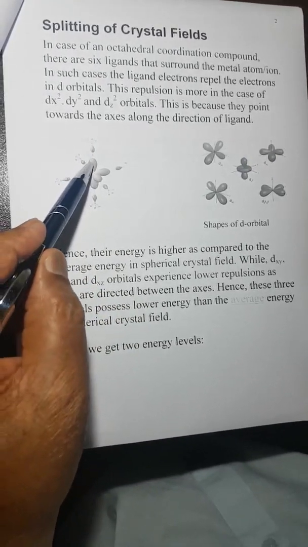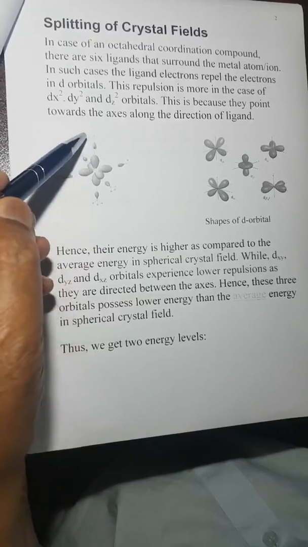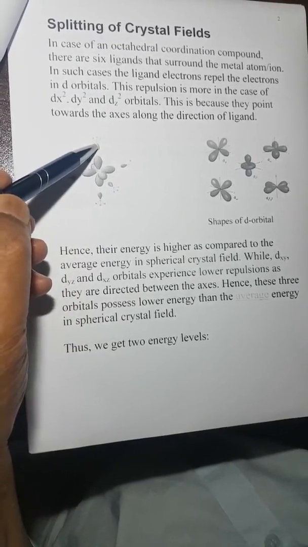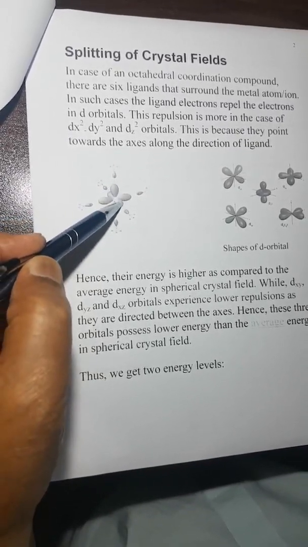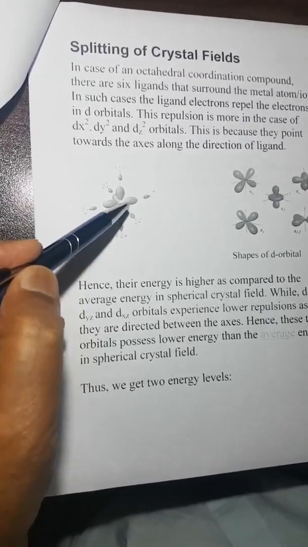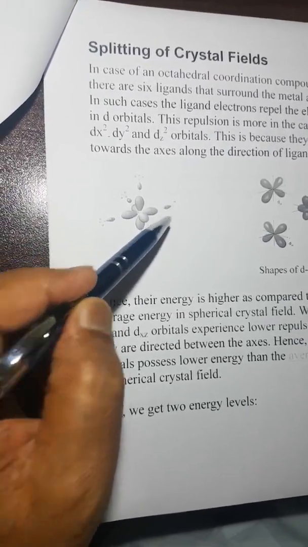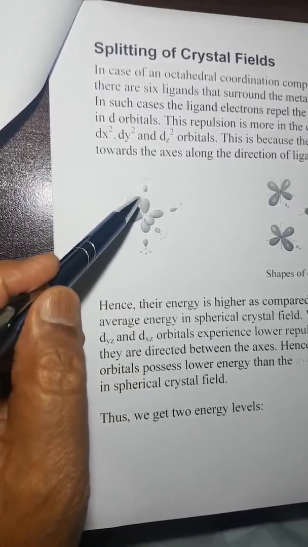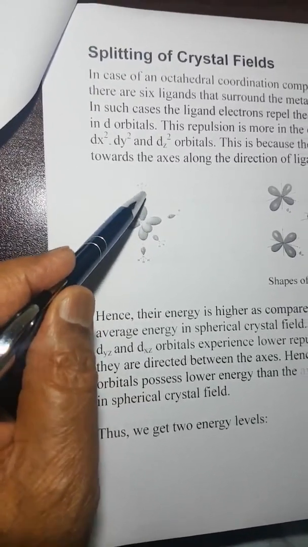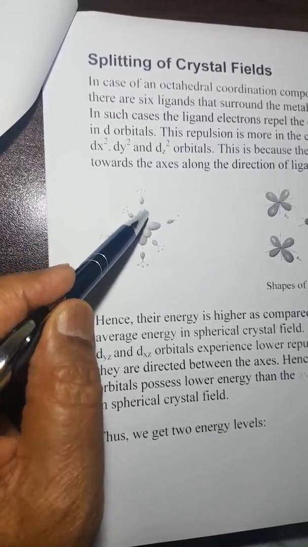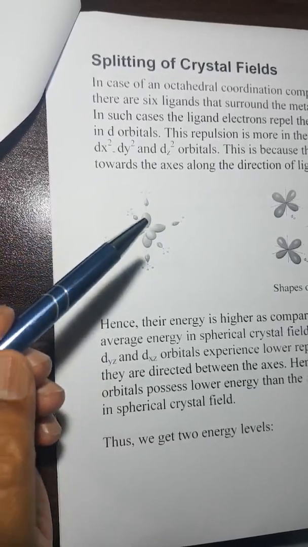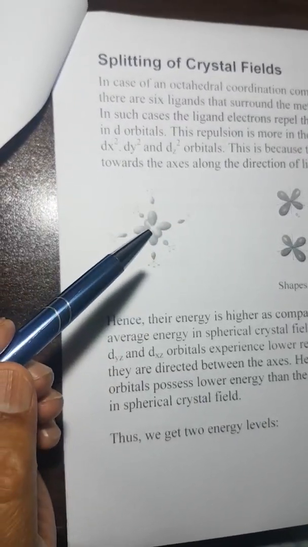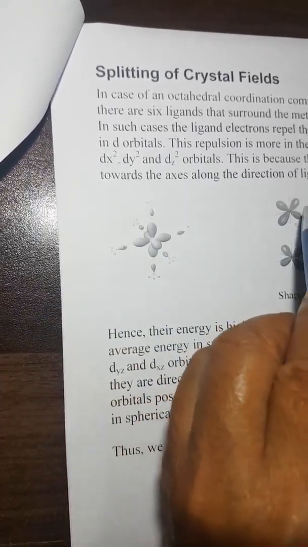Now see, these are the d orbitals, and this is the ligand coming from the top. This is the z-axis, this is the x-axis, and this is the y-axis. So the ligands are coming right on the axes. So what should happen? The orbitals which are on the axes interact, they become hot, and they go up in energy. Please note, d orbitals have directional character.